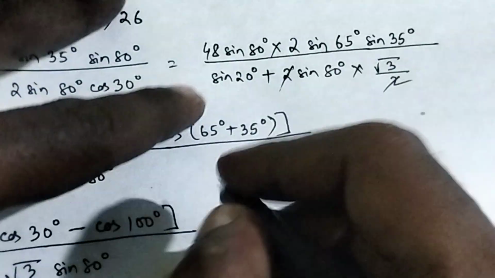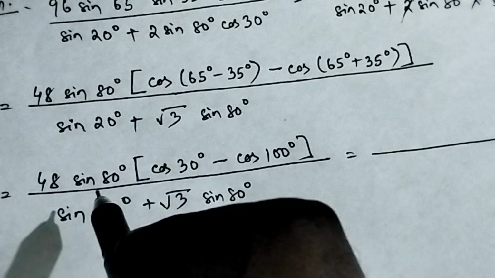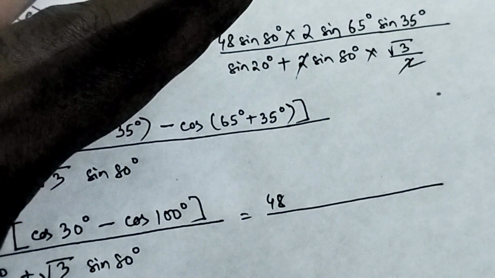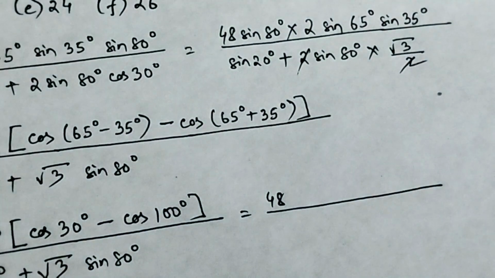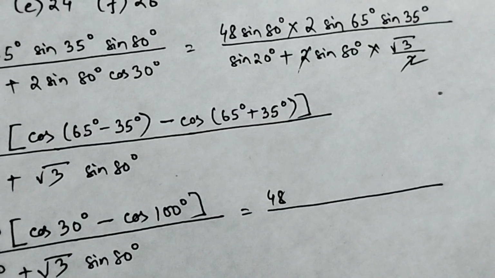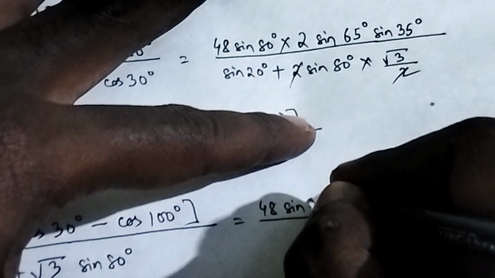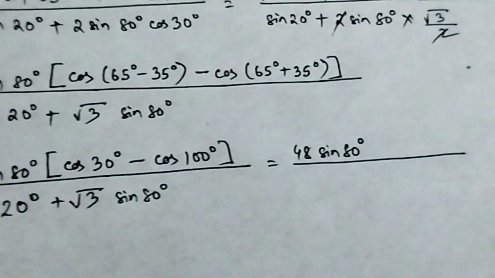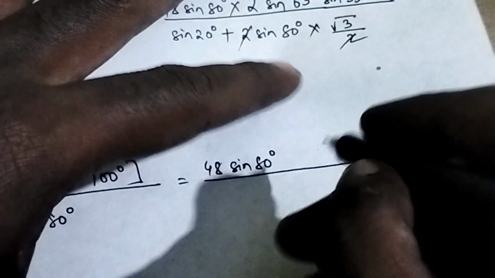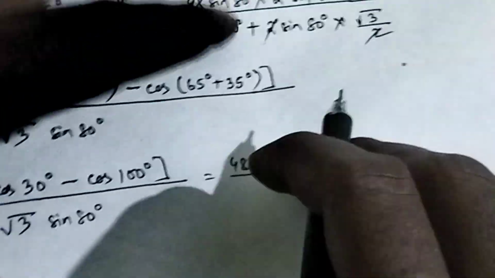Now 48 sine 80 degree. Here the value of cos 30 degree, I am leaving it like this only.